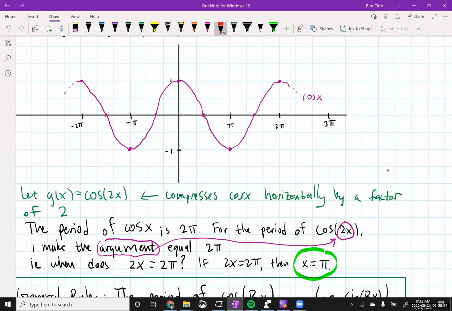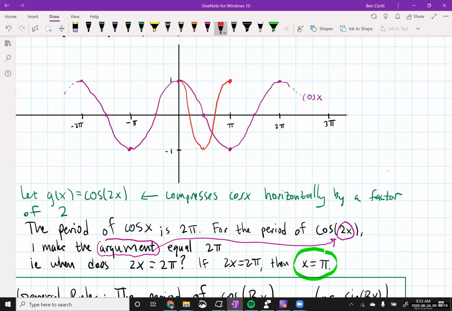It goes all the way down and up in the period of pi. So it's going to go all the way down and up in the space of pi. Okay, sorry, that looks kind of wonky. Let me try to draw that again. Down and back up in the space of pi.